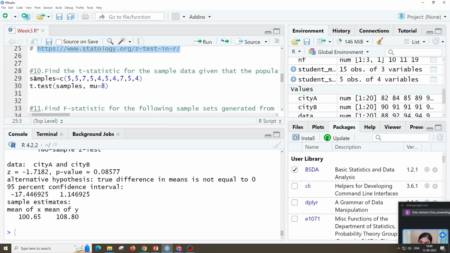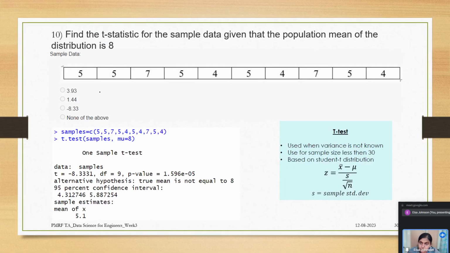This is the 10th question we are checking. 5, 5, 7, 5, like this values are present. These are the samples. So c of these values, we want to find the t-test. For the z test we gave z.test; here t.test is for the t-test, with samples and mu equal to 8.